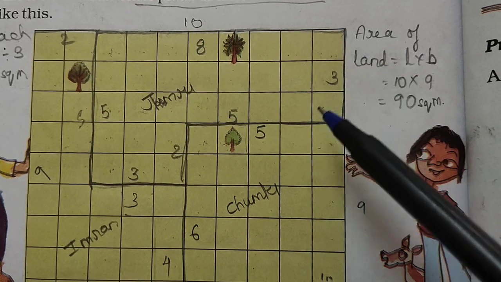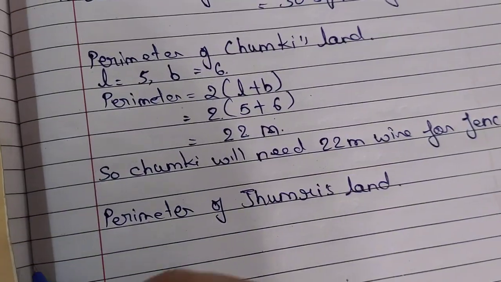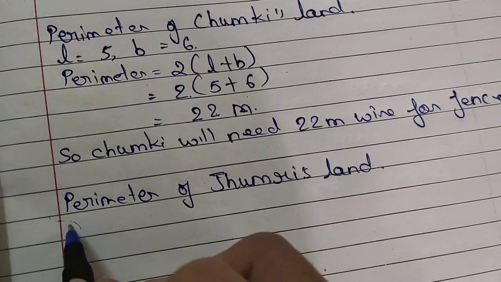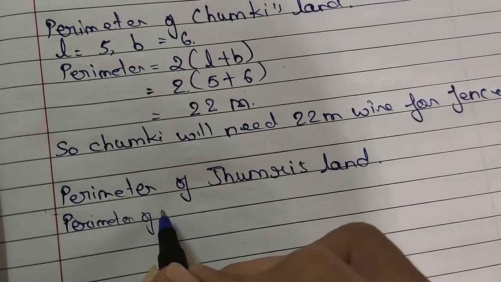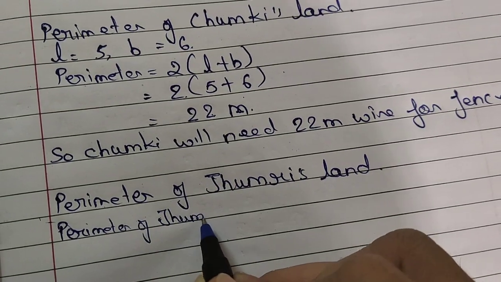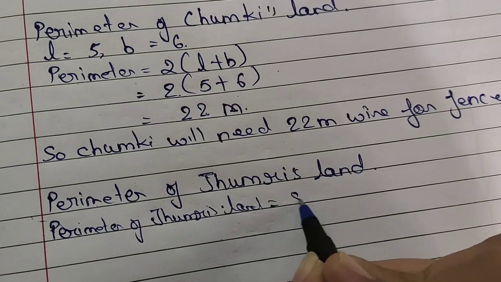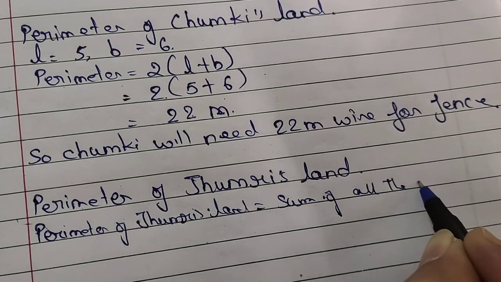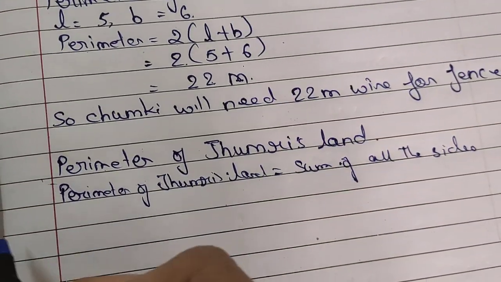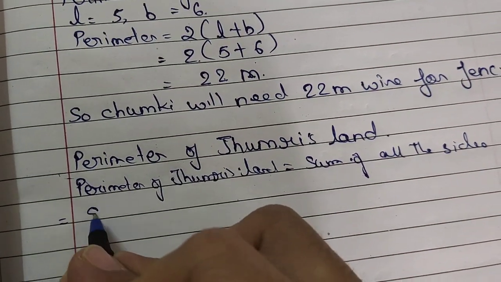We are supposed to add all the sides, the sum of all the sides. So the perimeter of Jhumri's land is equal to the sum of all the sides.